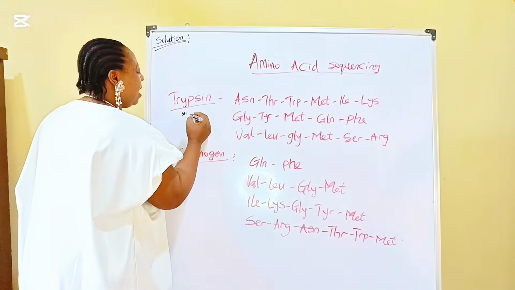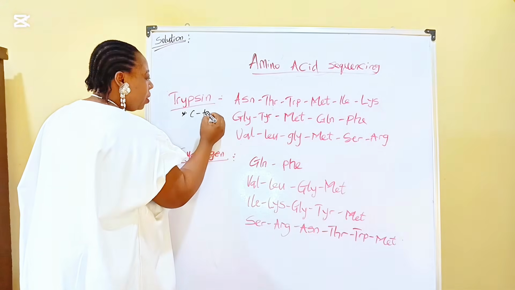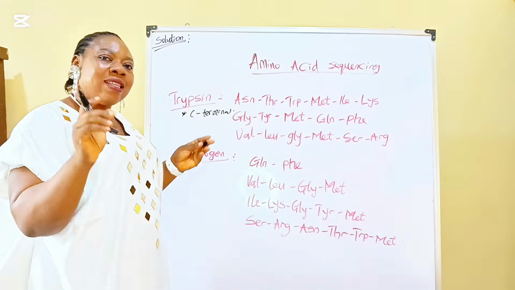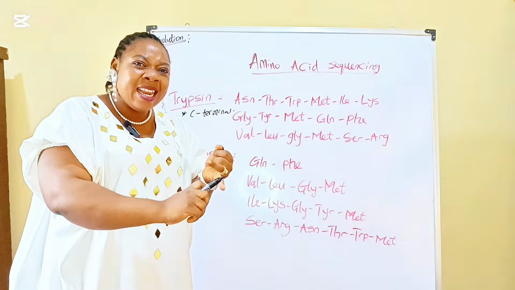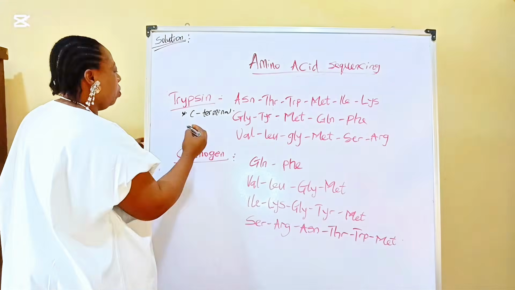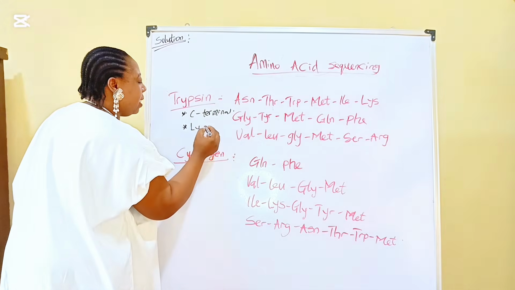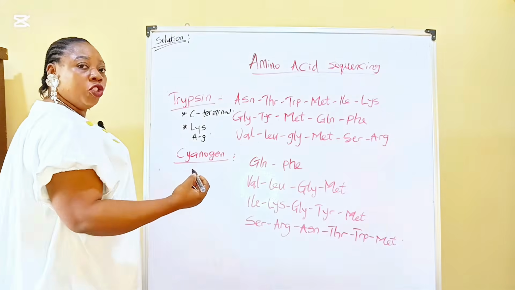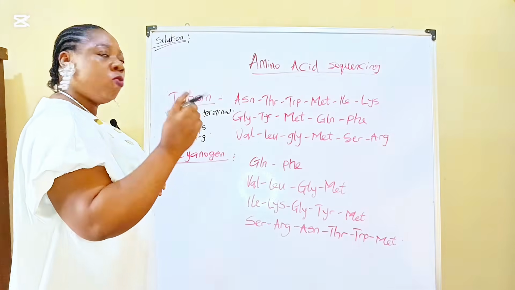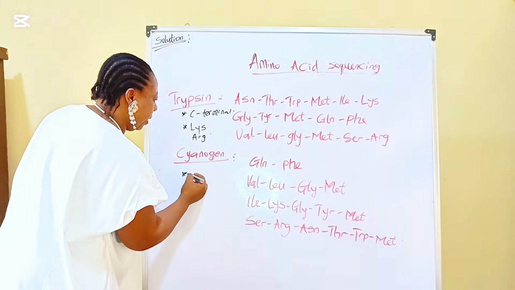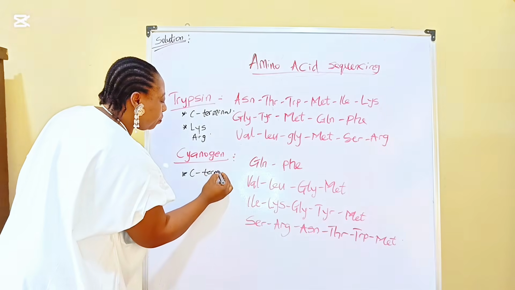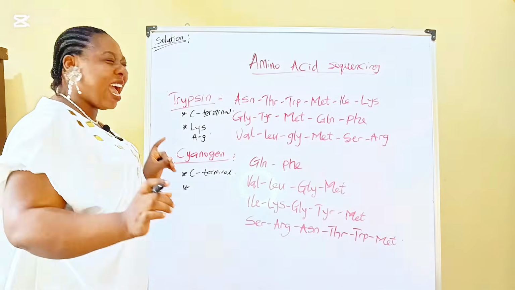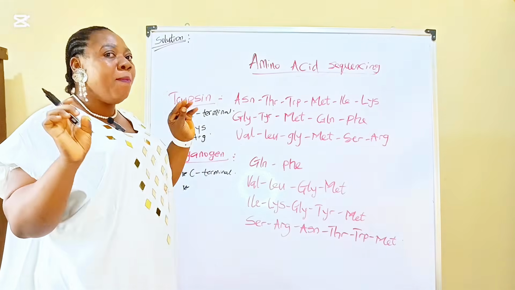Also, trypsin will break at the amino acids lysine and arginine. So anywhere there is lysine or arginine, it will break. Now let's move to cyanogen bromide. It will also break at the C terminal end, but the only amino acid it recognizes and cleaves at is methionine.